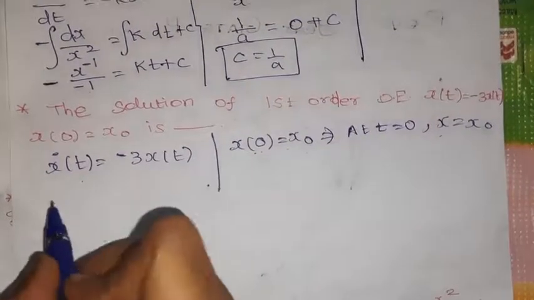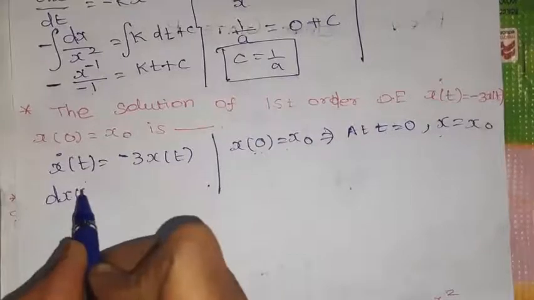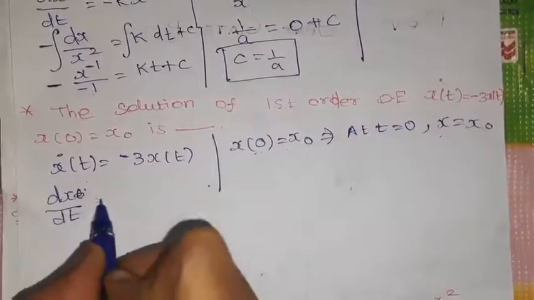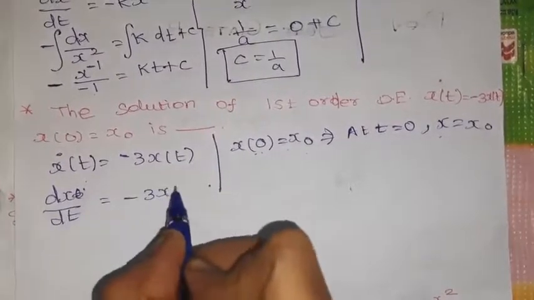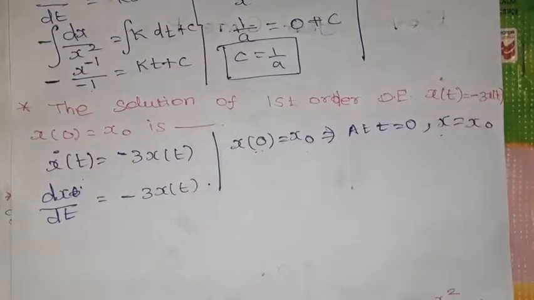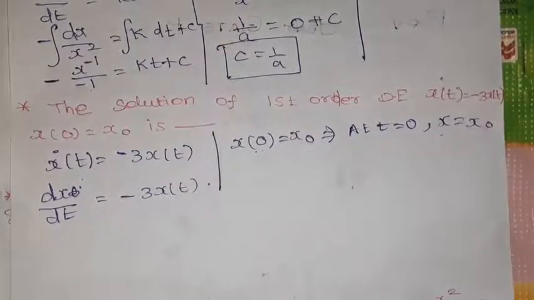ẋ(t) is nothing but differentiation, dx/dt = -3x(t). Now we use the variable separable method, x on one side and t on the other side.